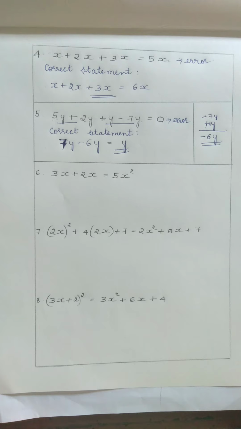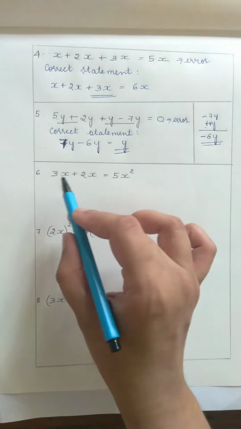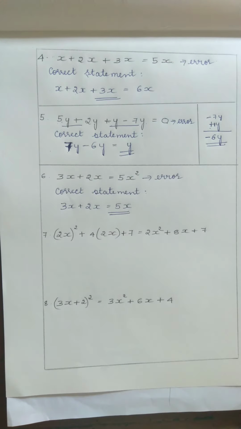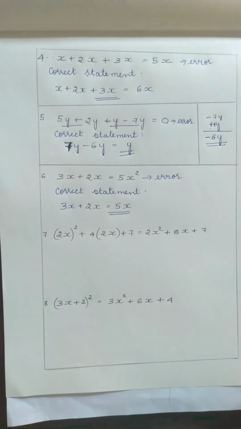But in addition or subtraction, when we perform 3x plus 2x, the answer will be equal to 5x and not equal to 5x square. So this is the error. So the correct statement is 3x plus 2x will be equal to 5x. 3 plus 2, it is 5. Therefore, 3x plus 2x equal to 5x is the correct statement of the sixth problem.